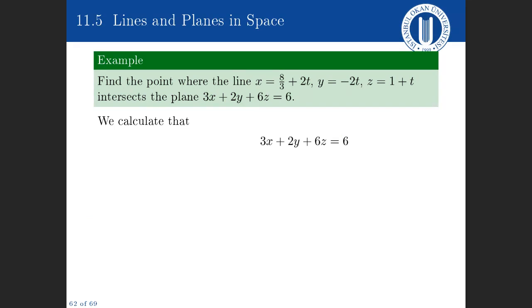I'm going to start with the equation for the plane. 3x plus 2y plus 6z is equal to 6. And instead of x, I'm going to write 8 over 3 plus 2t. Instead of y, I'm going to write minus 2t. And instead of z, I'm going to write 1 plus t. There we are. Let's multiply everything out and simplify.